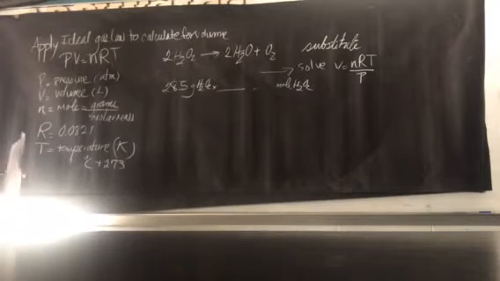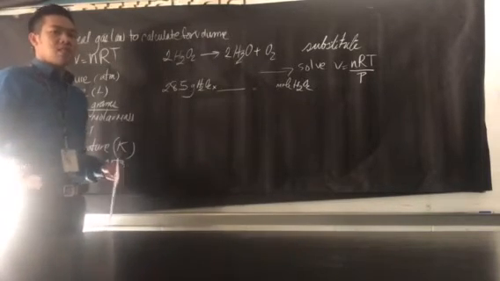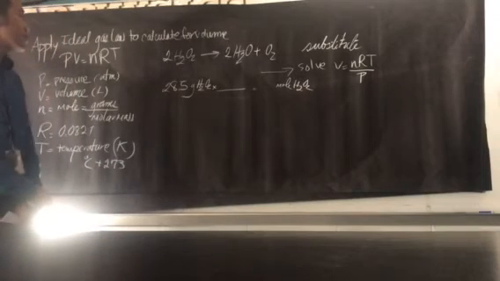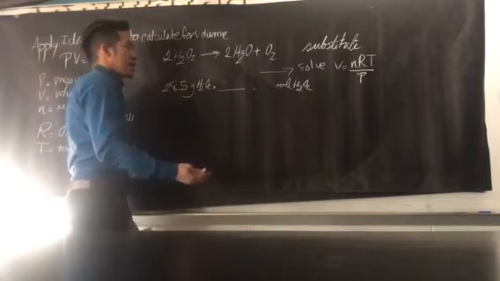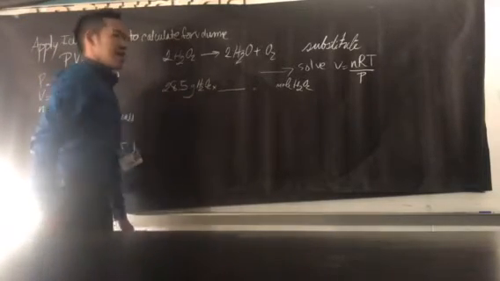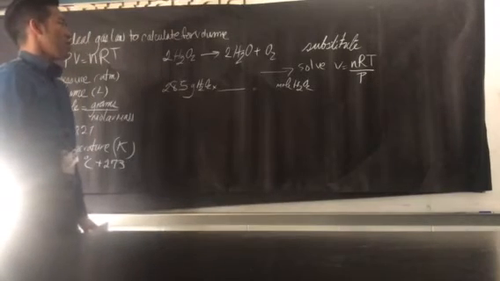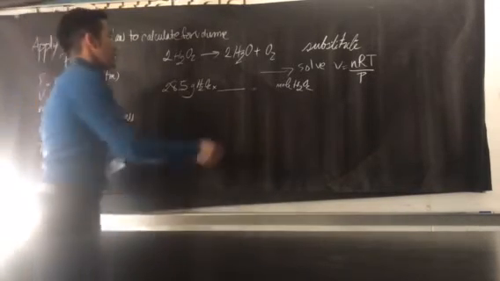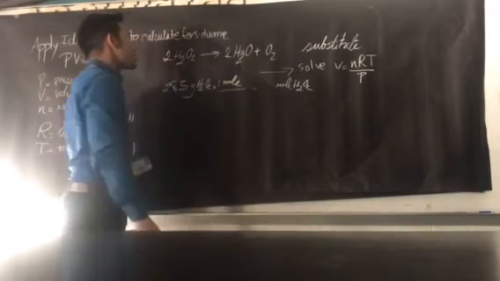But the question is, how do we calculate number of moles given the grams? Anyone here know? Basically, you're trying to use dimensional analysis to get rid of the units. So I would put 1 mole here and divide by the molar mass of H2O2.